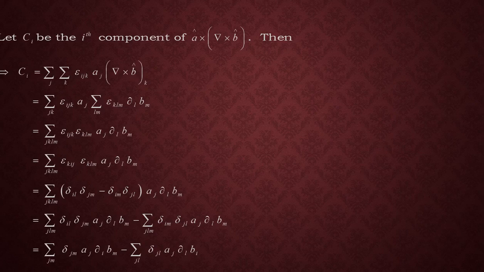If we substitute this formula connecting the Kronecker delta and the Levi-Civita, we obtain C_i equals summation over jklm of (delta_il delta_jm minus delta_im delta_jl) times a_j ∂_l b_m.